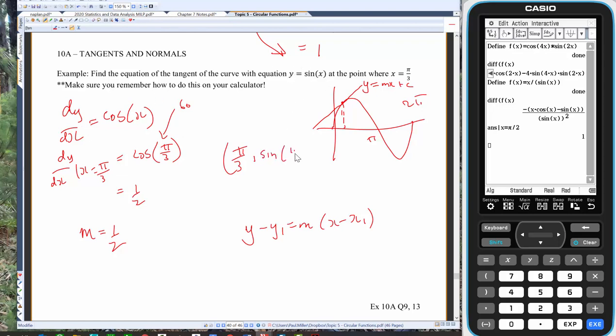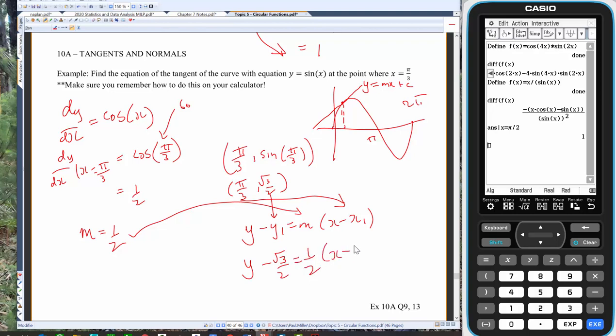So it's going to be sine of pi on 3, and the sine of pi on 3 is root 3 on 2. So let's put that and my gradient. My gradient goes there, my x value goes there, my y value goes there. So y take root 3 on 2 equals a half x take pi on 3.